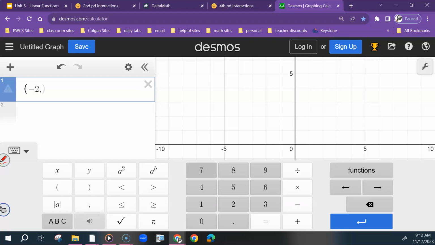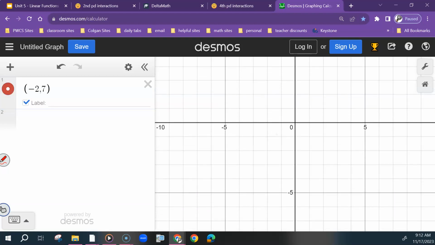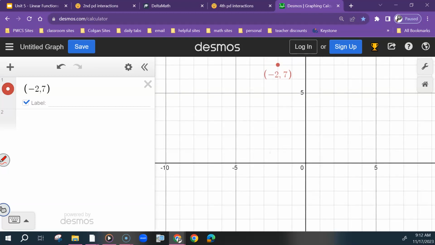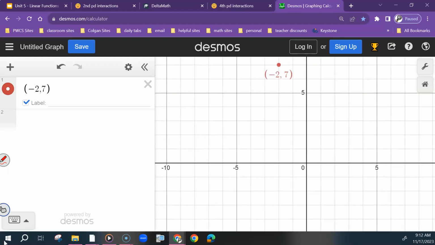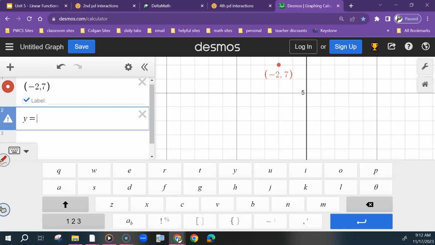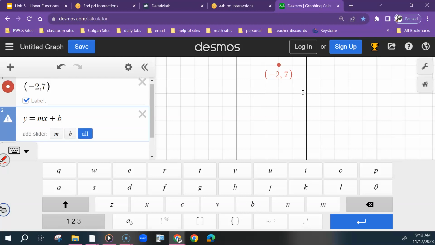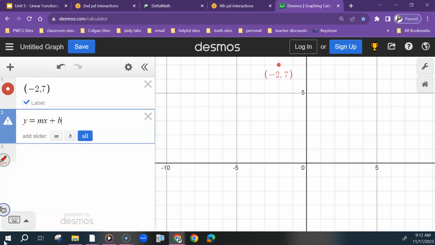So everyone type in that point. You may have to move your graph. I'm going to type in y equals mx plus b in the next line. You should see something that says add sliders, add all.